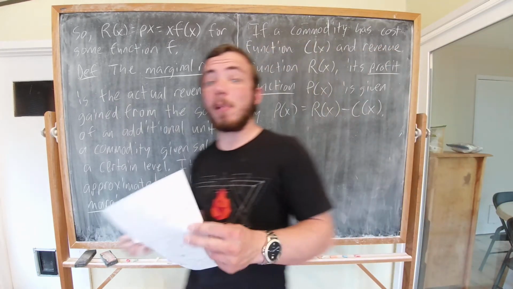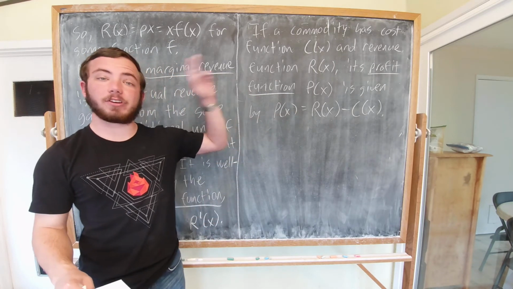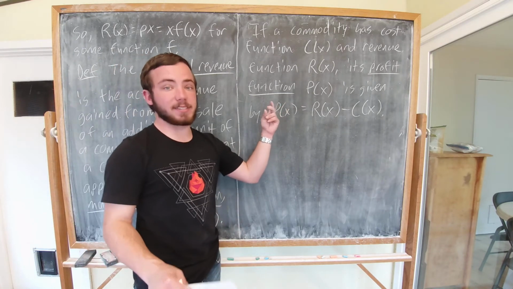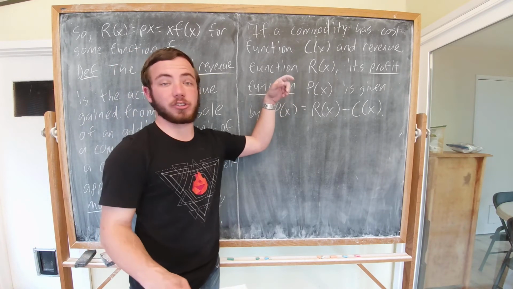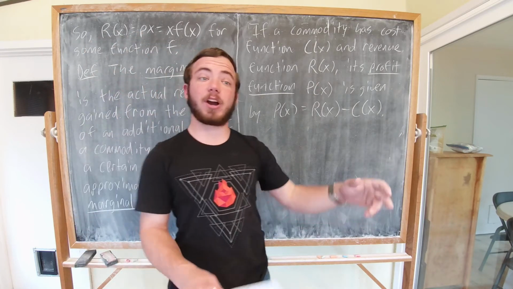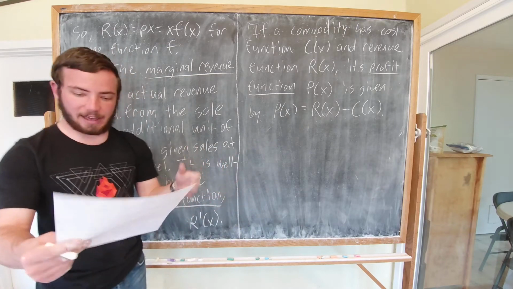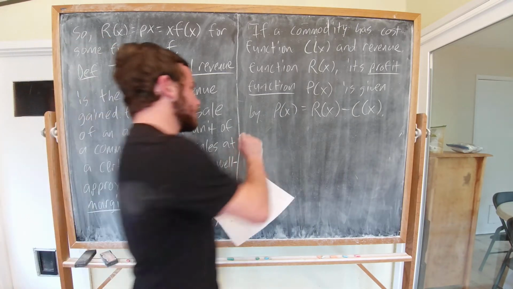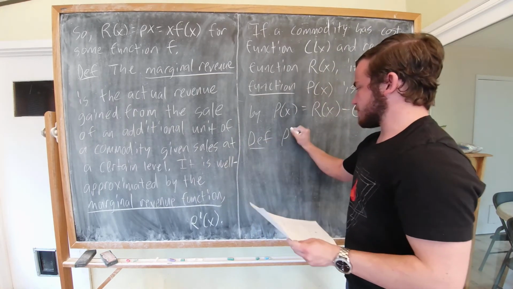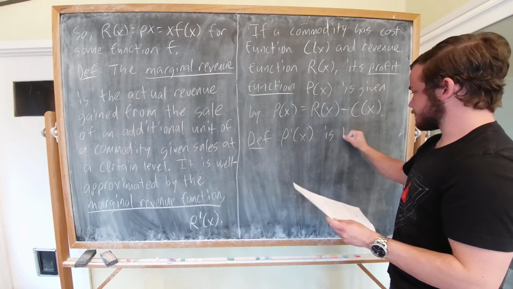So finding marginal profit is the same as finding marginal revenue minus marginal cost. That is, by the sum rule, P prime of x is just R prime of x minus C prime of x. So by studying revenue and cost individually, we actually get information about the profit together. P prime of x is the marginal profit function.